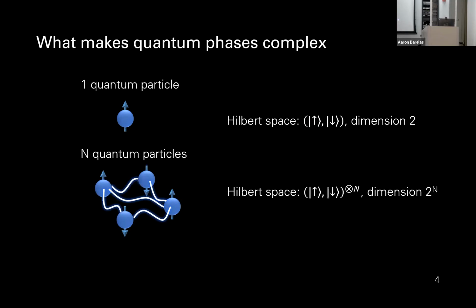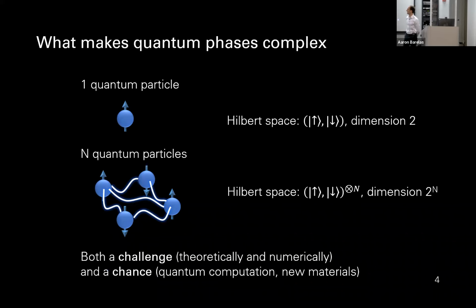Including the effect of interactions between many quantum particles is a difficult task because the typical number of configurations that describe such a quantum state is going to diverge exponentially in the number of particles.